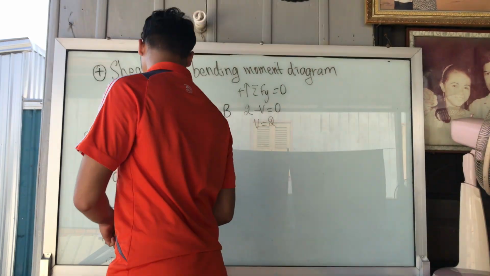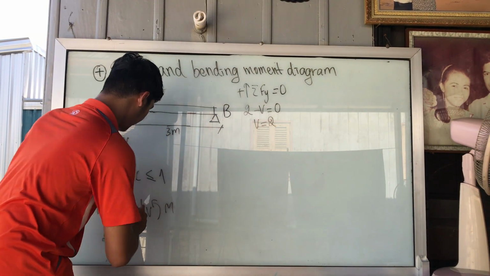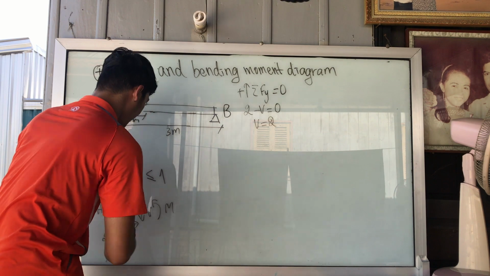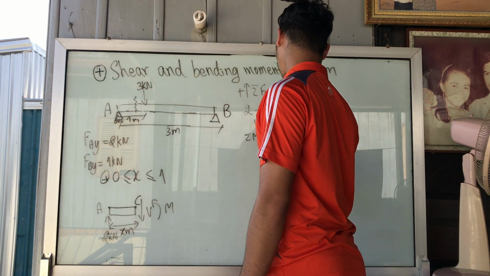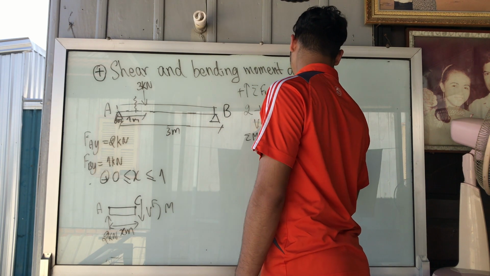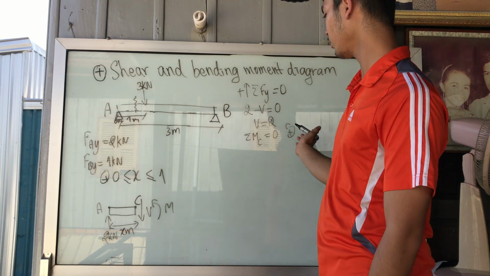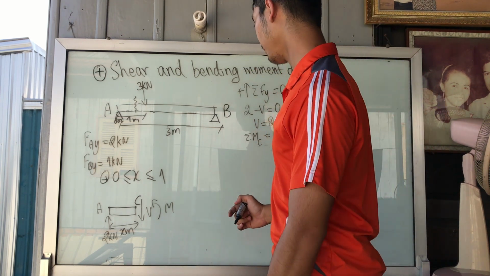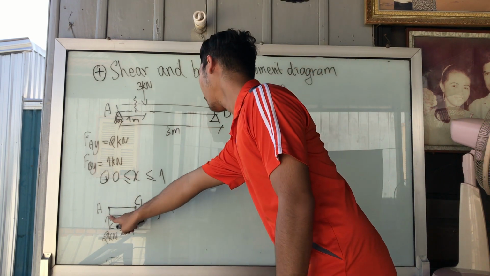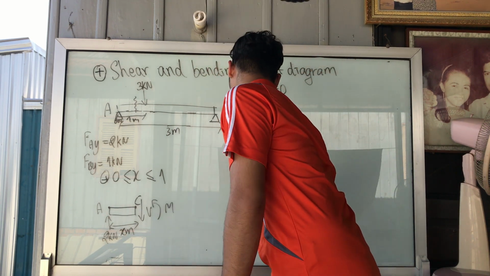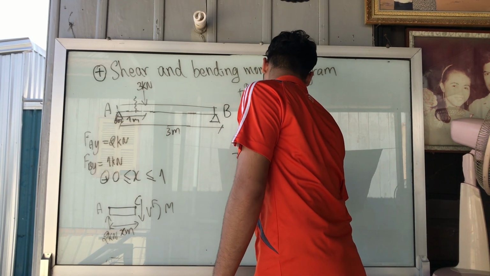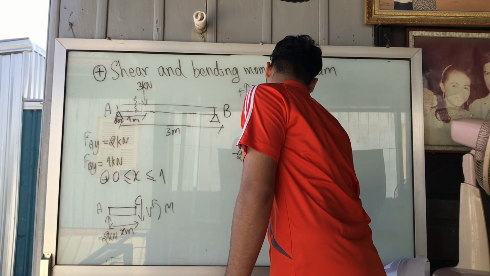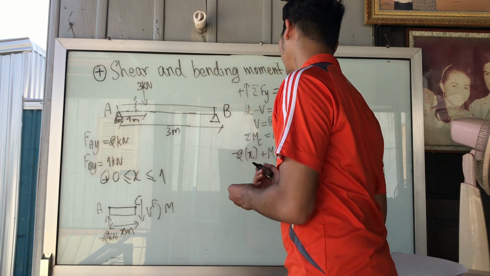Okay, so let me consider this point as point C. Sigma Mc equal to 0. Let this direction be positive, counterclockwise. Then we have minus 2 times x plus M equal to 0, Mc equal to 2x.